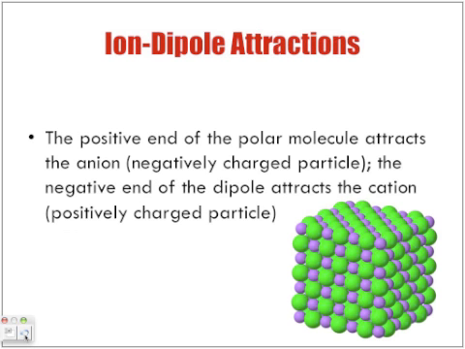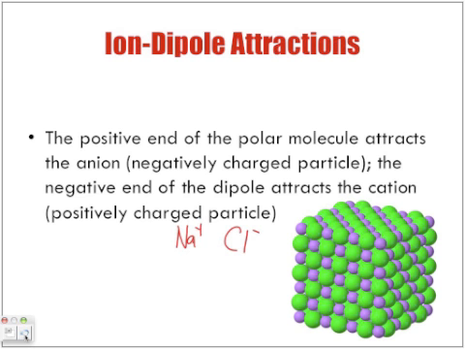Then we have an ion-dipole attraction. The positive end of a polar molecule attracts the anion. The negative end of the dipole attracts the cation. So what we're looking at is something like salt dissolving in water. We have Na, which is positively charged, and Cl, which is negatively charged.